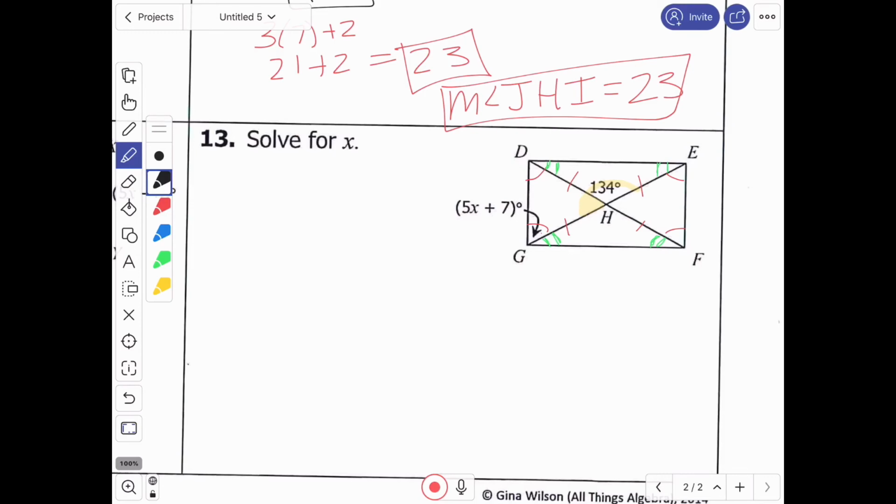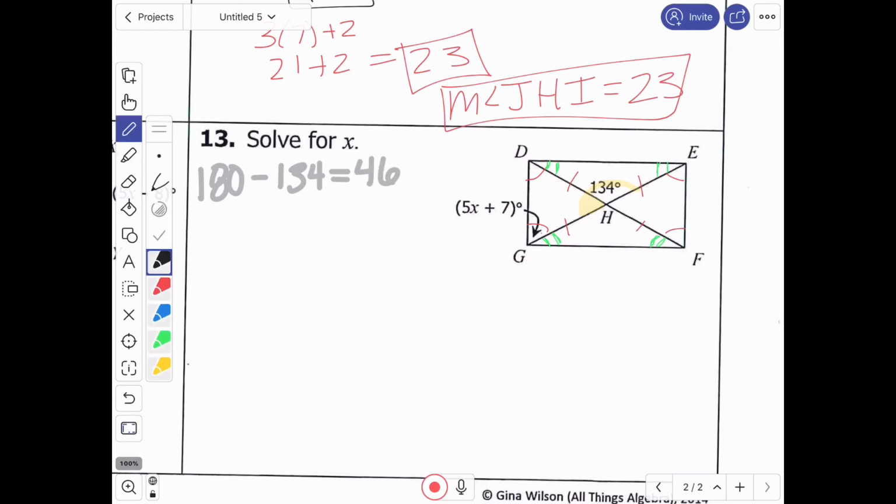So if I want to figure out what that yellow angle I have shaded is, I'm going to take 180 minus 134 and I get 46 degrees. So this angle right in here is 46 degrees.